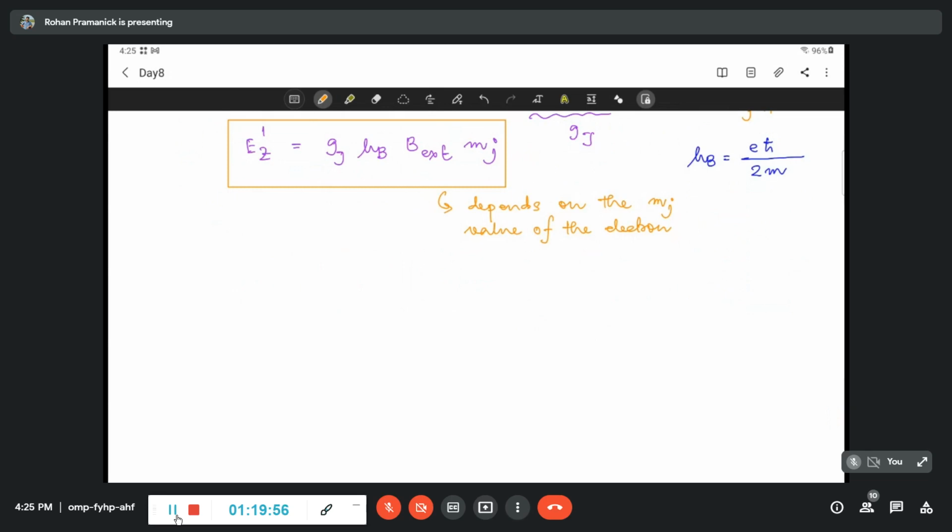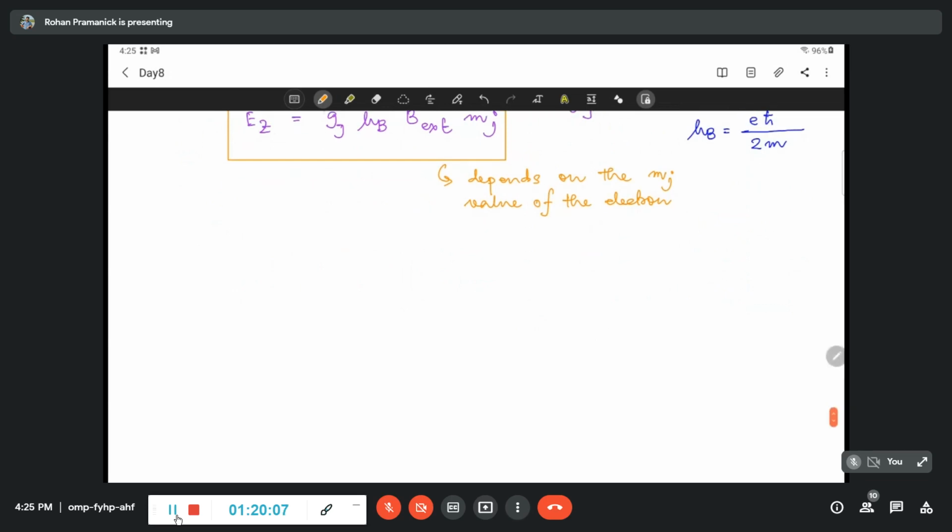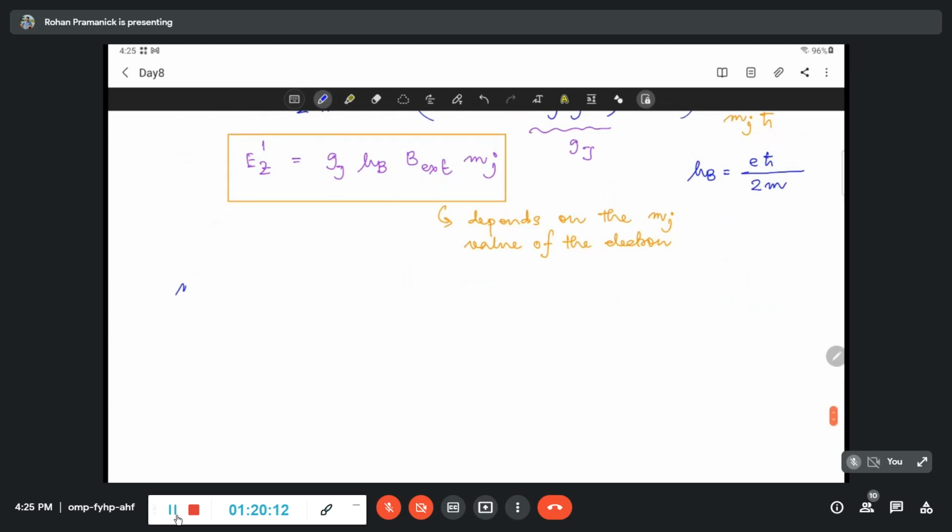So for J equals half, you have two possible values of m_j, that is minus half and plus half. So for the n equals 1 state, L equals 0, J equals half, it has two values, m_j equals plus half and m_j equals minus half, and these two levels get split.